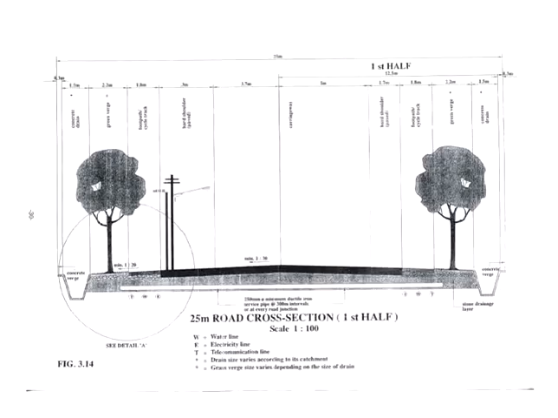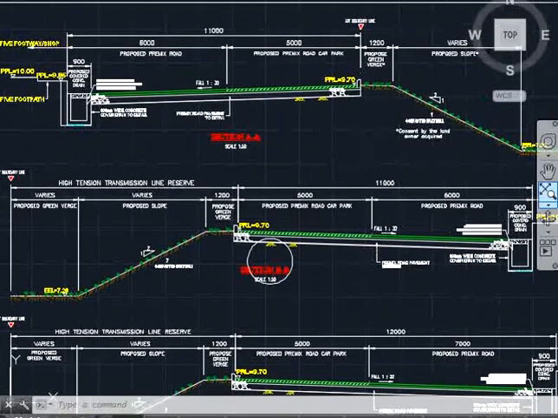You will need to refer to the right category of the road section and produce your road sections accordingly.